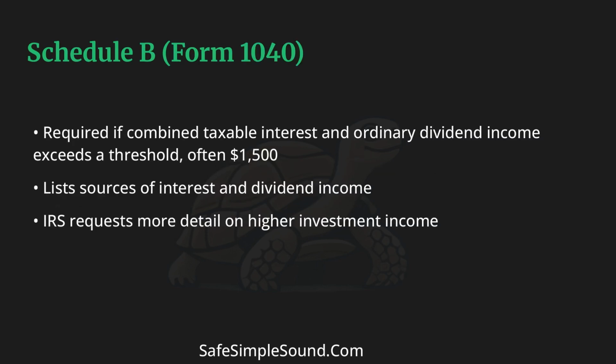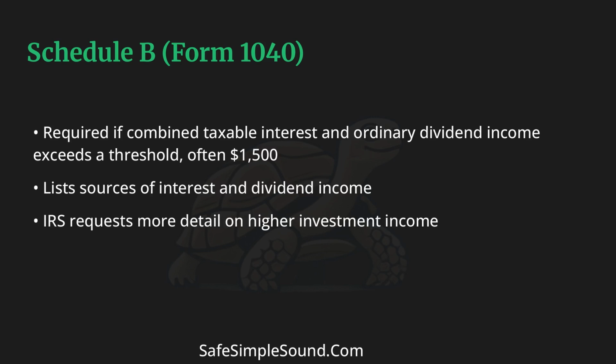Now, remember Schedule B Form 1040? We talked about it back when we discussed interest income, mentioning you usually need to fill it out if your total taxable interest income is over a certain threshold, often $1,500. Well, dividends play a role here too. The requirement to file Schedule B is often based on your total taxable interest and ordinary dividend income combined.